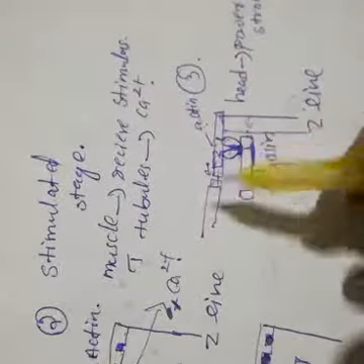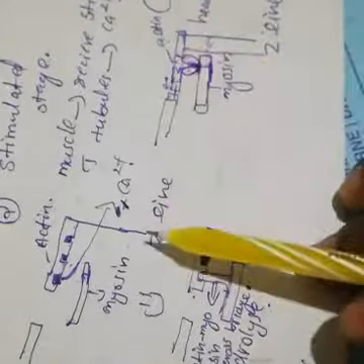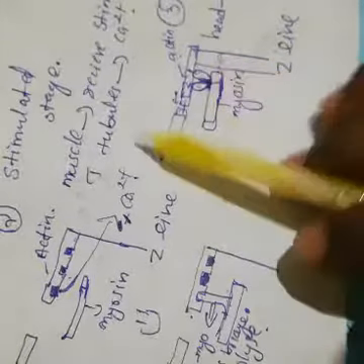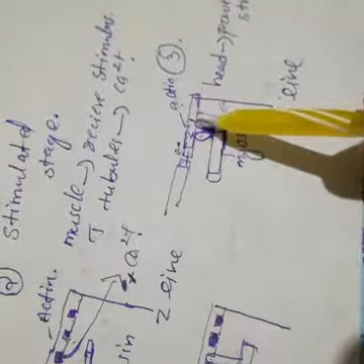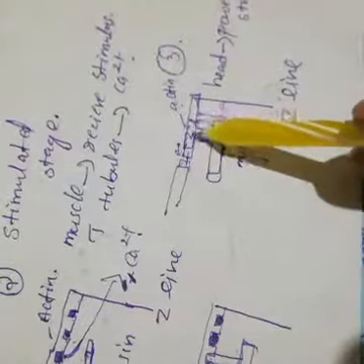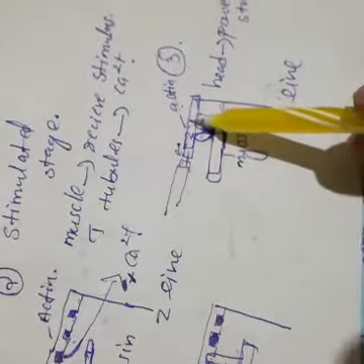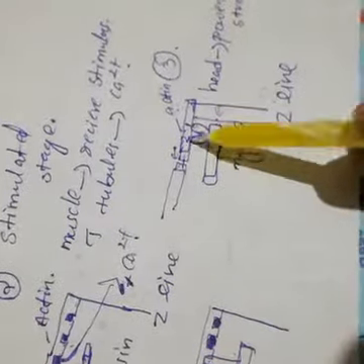The power stroke is given by the energy produced by ATP hydrolysis, and by using this energy the rotation of the myosin head from the first position to the second position occurs.